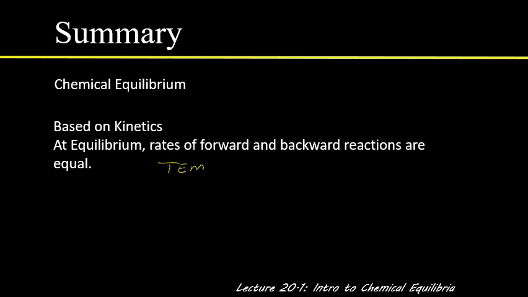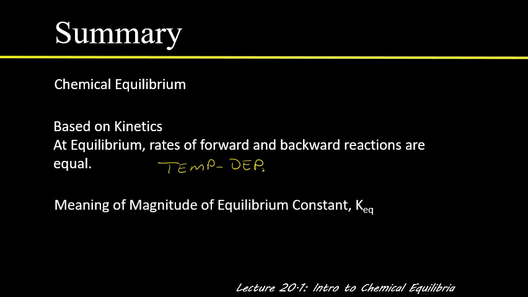And let me add this. I didn't have this in my slide initially, but I'll just remind you that equilibrium is going to be temperature dependent because those rate constants are temperature dependent. And finally, we talked about the meaning of the equilibrium constant.